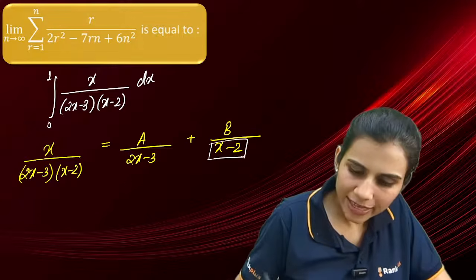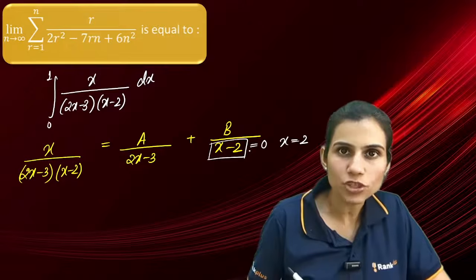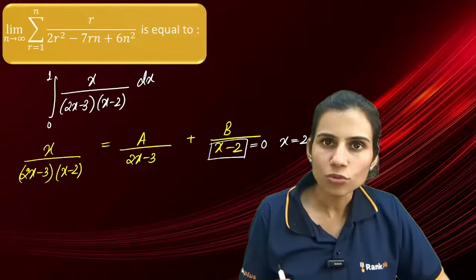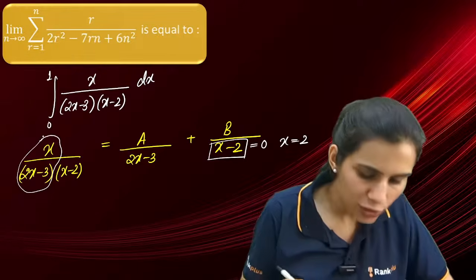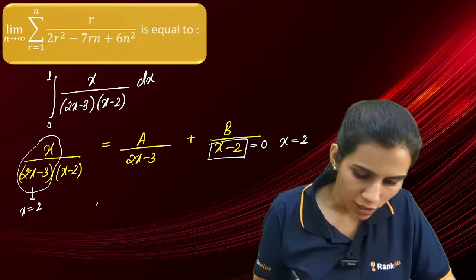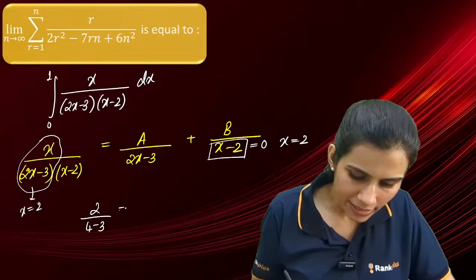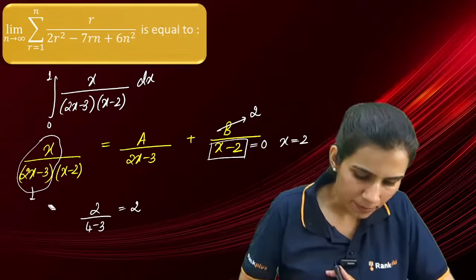So this is x minus 2, one of the factors. When you equate with 0, you get a critical point, x equals 2. At x equals 2, x minus 2 will vanish. So on the left hand side, apart from x minus 2, you select everything and you put x equal to 2. You will get 2 upon 4 minus 3, which is 2 upon 1, which is 2. That means the value of b is nothing but 2.